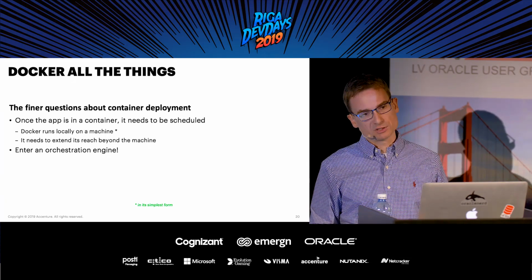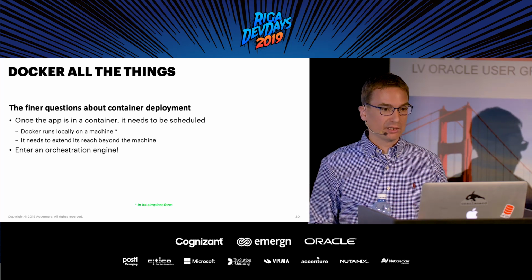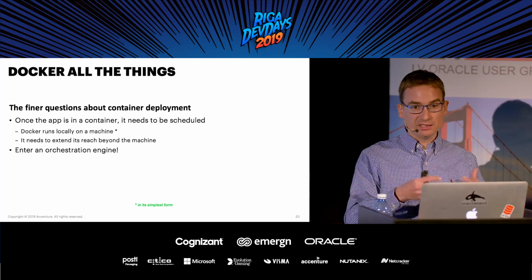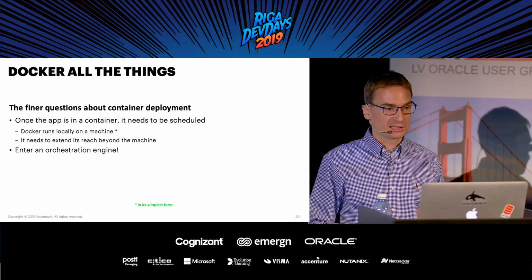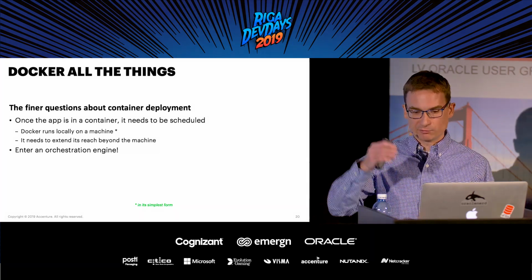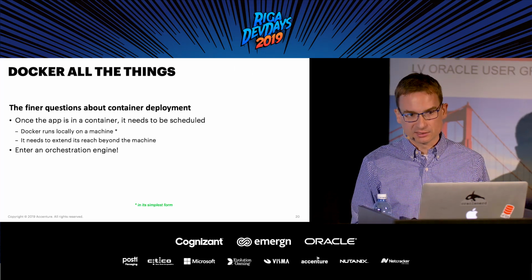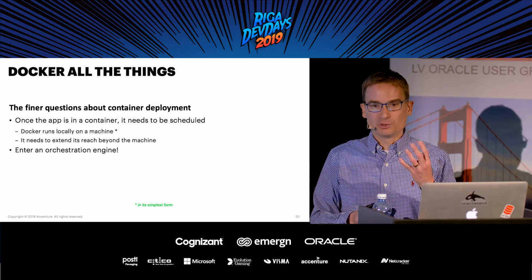What happens if that host dies? What happens if that host runs out of resources? Or what happens in any unforeseen circumstances? The worst thing would be you've got 42 Docker containers running on a VM. That VM dies. You've got an immediate outage in 42 places.